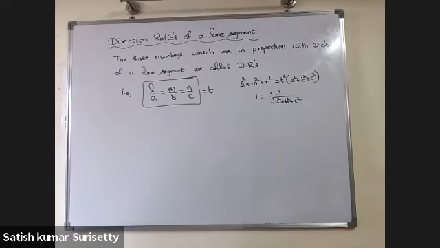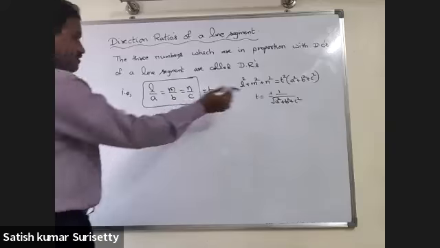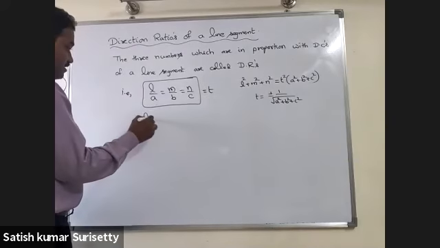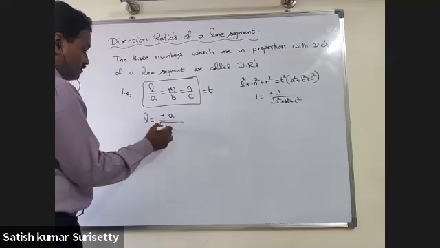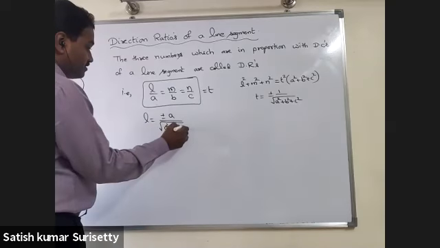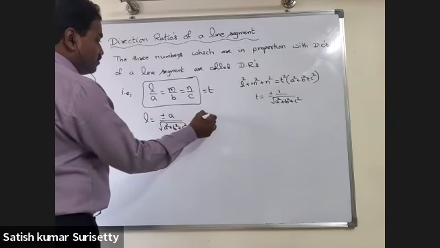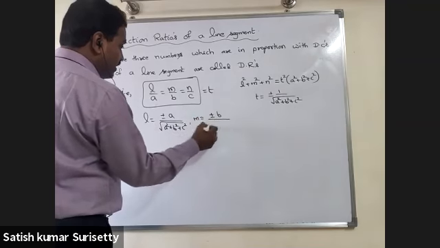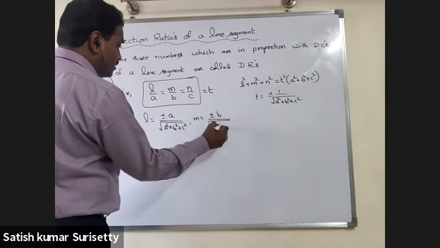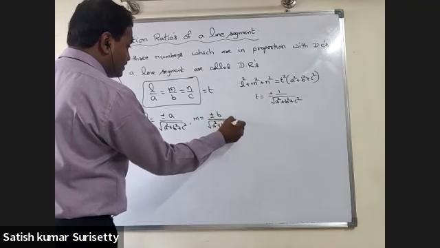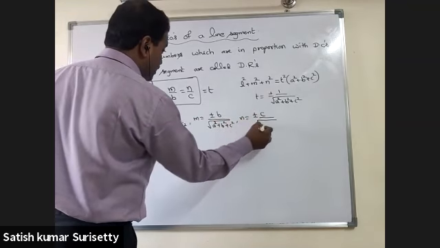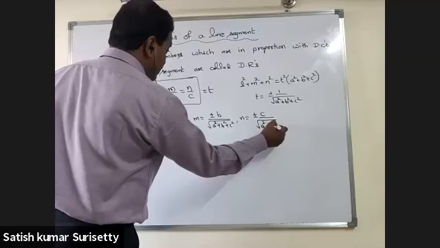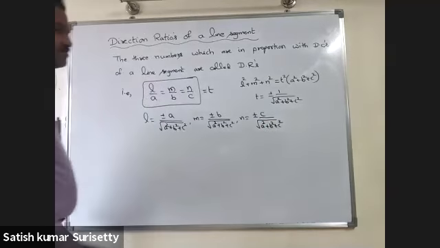That means you can write direction cosines in terms of direction ratios. L equal to plus or minus A upon root of A square plus B square plus C square. M equal to plus or minus B upon root of A square plus B square plus C square. N equal to plus or minus C upon root of A square plus B square plus C square.